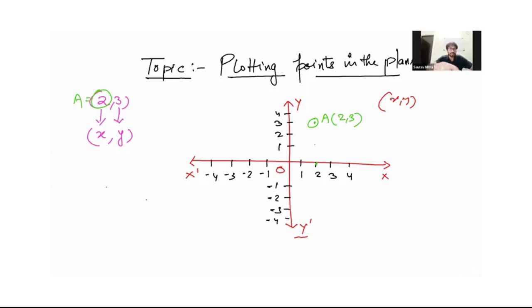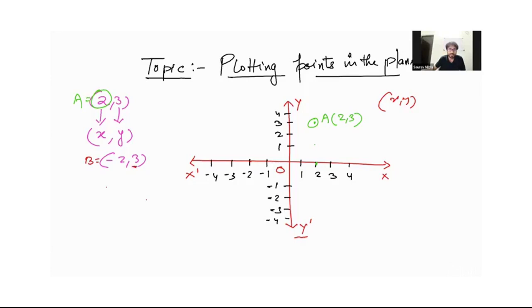Okay, now let's draw another point, say -2 comma 3. Let us say this point is your B. So -2 comma 3 means on the x-axis go to -2, then from here go 3 units in the direction of positive y, because we have the positive y value.